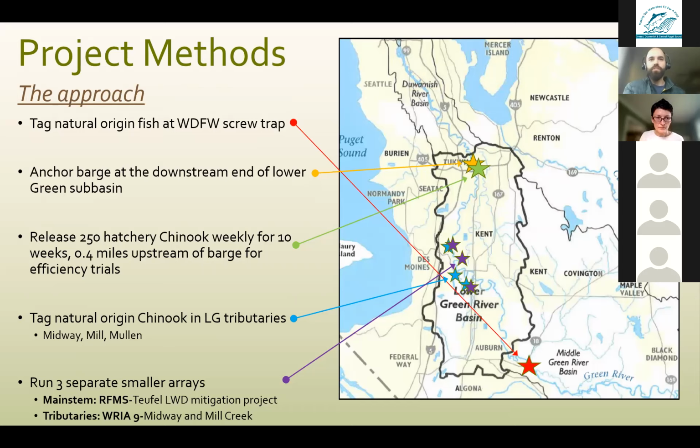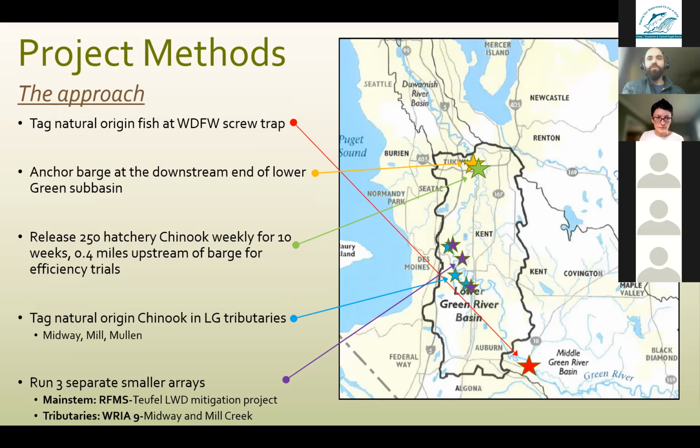They're constantly trapping on a daily basis, and since they're already catching these fish and spending every day out there trying to do it, it saves a ton of time on our part if we can put tags in those fish and then release them downstream. So they serve two purposes, and it works out great for everybody.